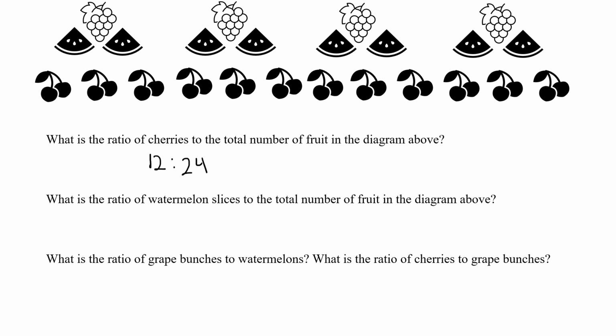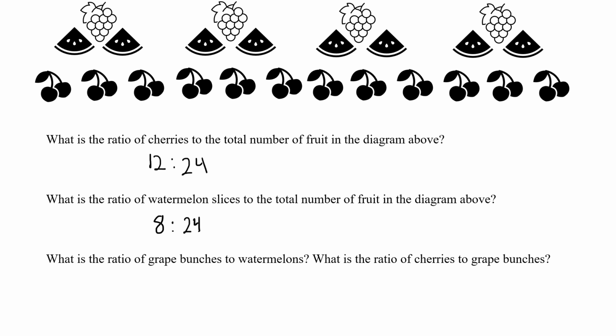What is the ratio of watermelon slices to the total number of fruit? Watermelons first, so there are 8 watermelon slices, and there are 24 total fruit in the diagram. So the ratio is 8 to 24. For 8 watermelon slices, there should be 24 total pieces of fruit. The last one has two questions. What's the ratio of grape bunches to watermelons?